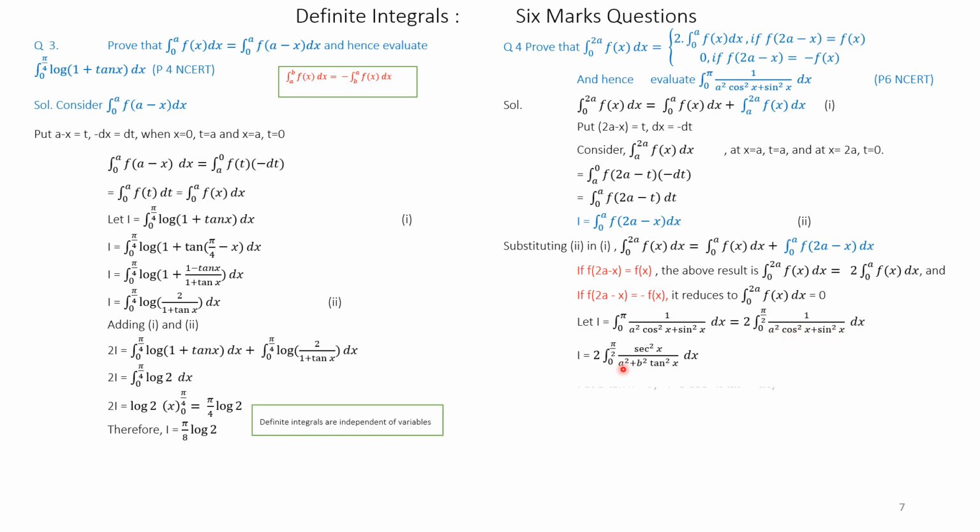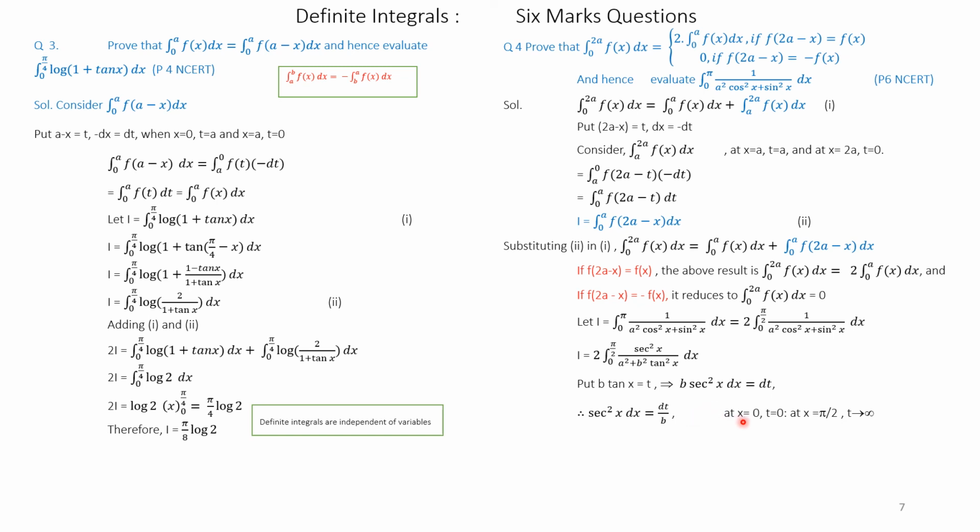You get this term. Therefore, here again we have to use the substitution method. Put b tan x is equal to t. If we differentiate, b into secant squared x dx is equal to dt. Therefore, secant squared x dx is equal to dt by b.